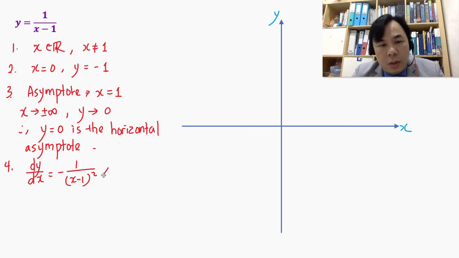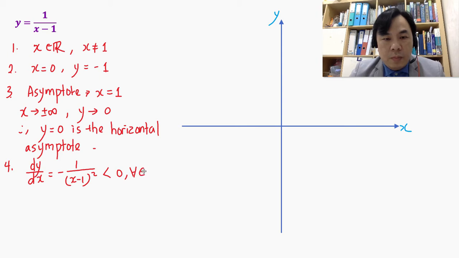This is always less than 0, less than 0 for all values of x except for x equal to 1 there, right? Okay, so it will be less than 0 for all values of x except x equal to 1. So I would say, for all values of x, sorry about that, let me clean it up.